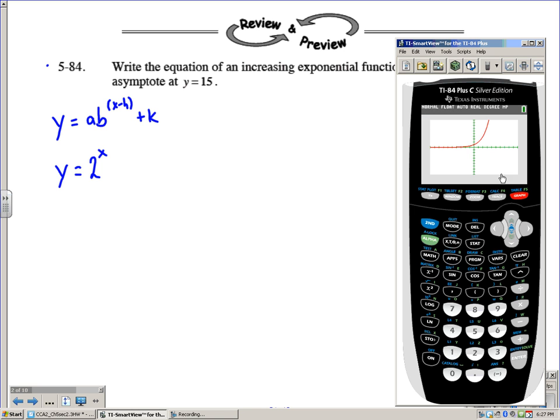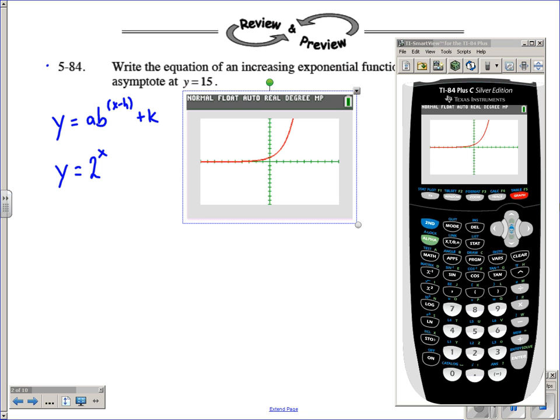So if we think about that, let's pull that out here so we can see that. Let's say our horizontal asymptote is going to be the equation here.